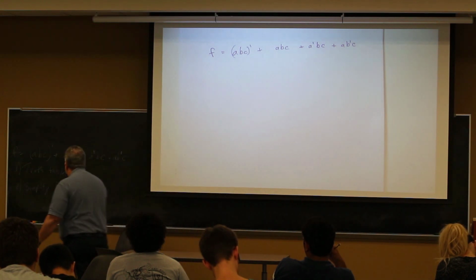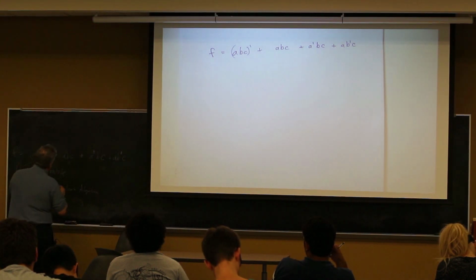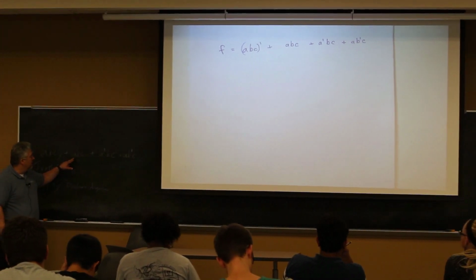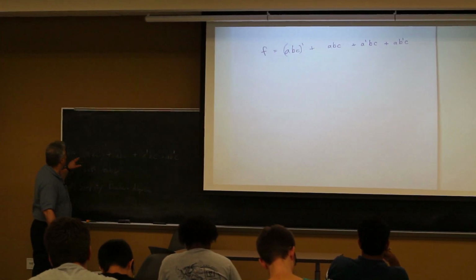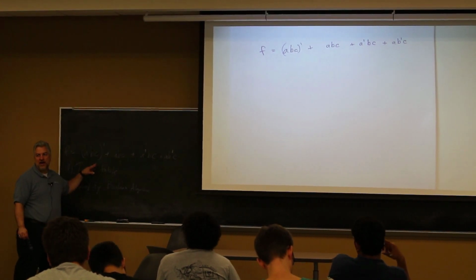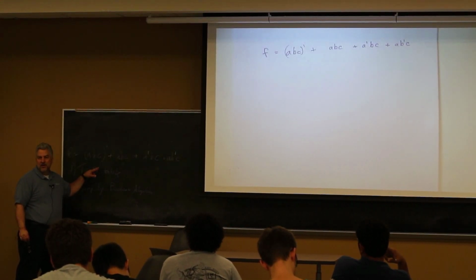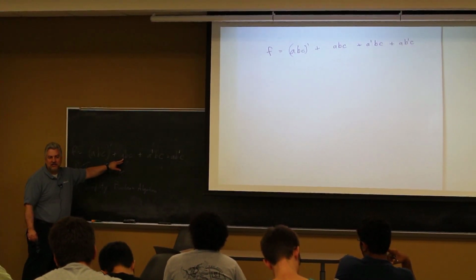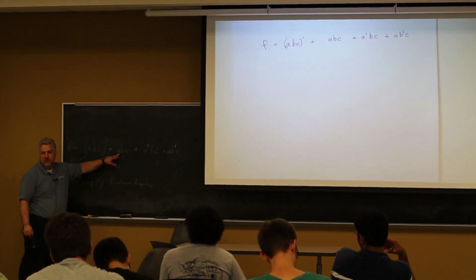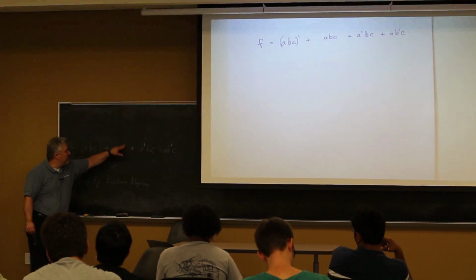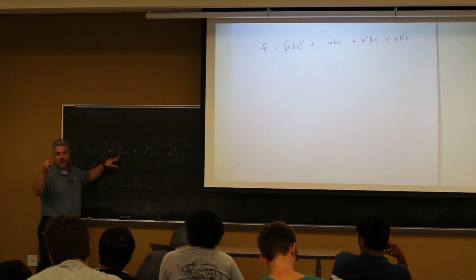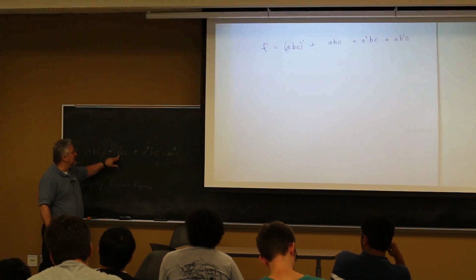Well, based on this right here, which is a sum of products, first of all, how many lines will this truth table have? 8. All right, it'll have 8. And this right here represents how many lines of that truth table? Just one.